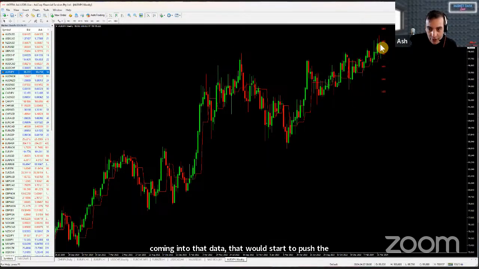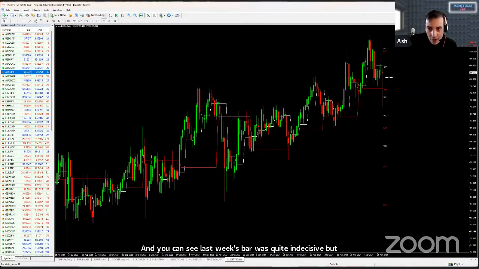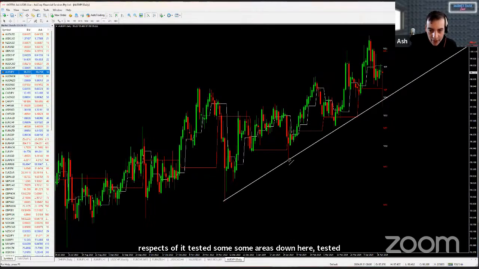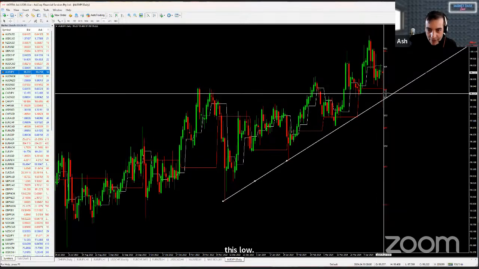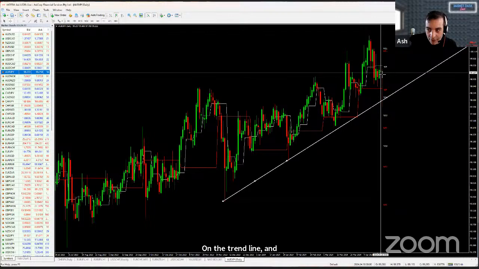And you can see last week's bar was quite indecisive, but the previous week was a big sell-off. Last Friday's bar was very, very bullish in the respect that it tested some areas down here, tested this low on the trend line, and bounced back very, very convincingly.